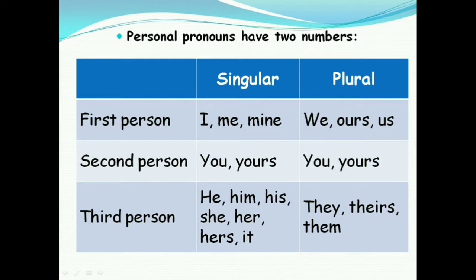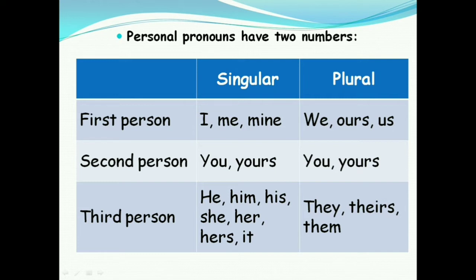Here you can see the table of 2 numbers in personal pronouns. They are singular and plural. For the first person personal pronoun, in singular, they are I, me and mine. In plural, they are we, ours and us.